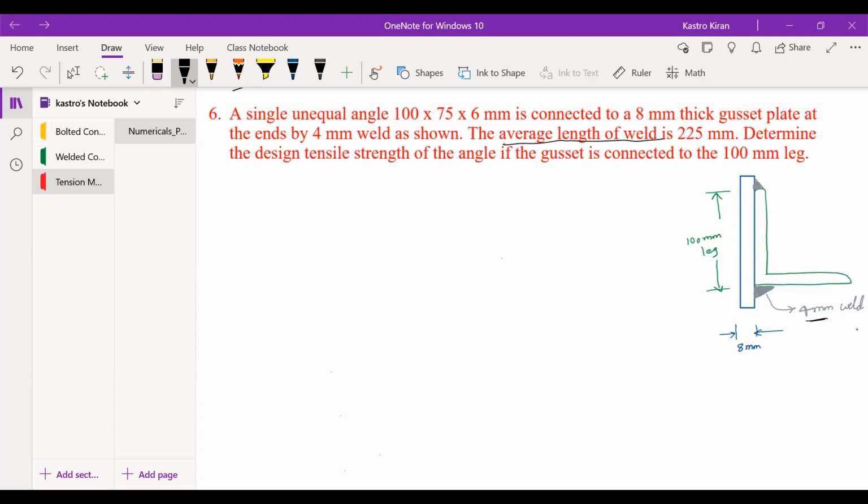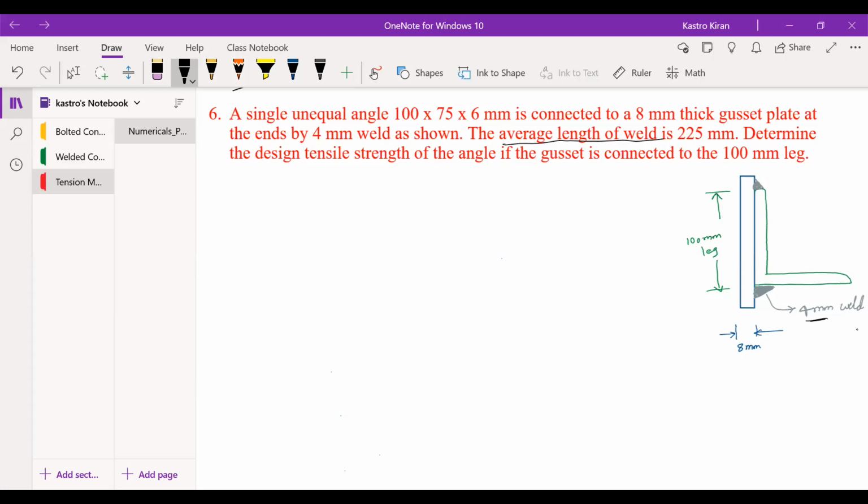That's what they said. So first let's understand what they have said in the question and what we have to do. They are very clear with the angle section dimensions and also which angle leg is particularly connected to the gusset plate.